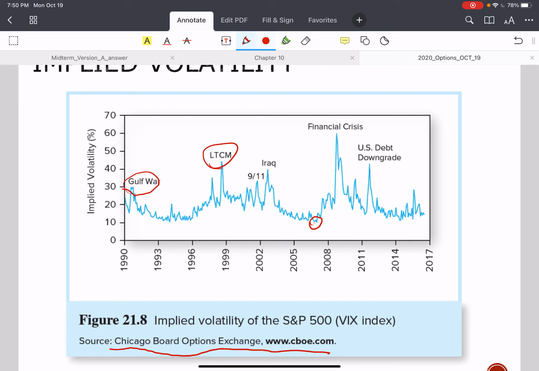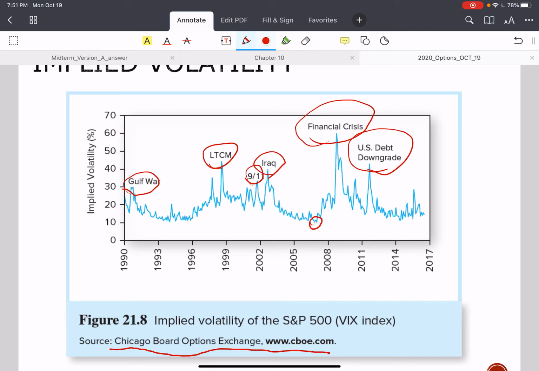And then, of course, 911, everyone knows it. This should be the Iraqi war, I think. Everybody knows it. Financial crisis, everybody knows it. US debt downgrade. This is an event in 2011.